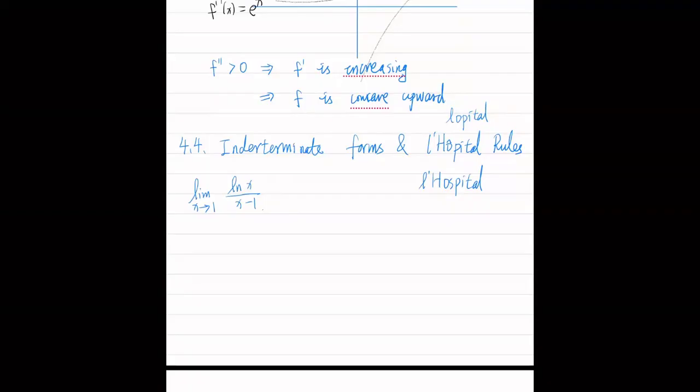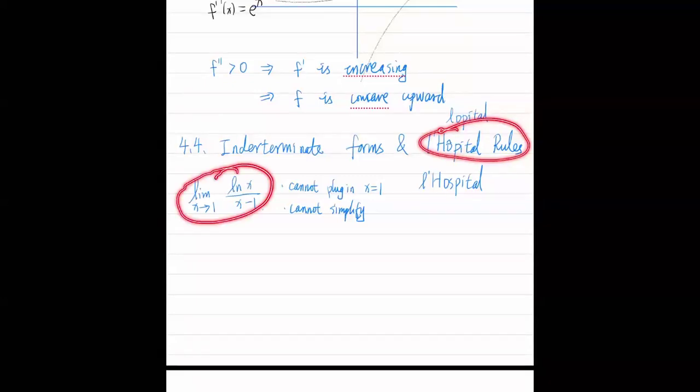Here we cannot plug in, and we cannot simplify. So L'Hopital's rule allows us to find this limit using a very useful formula.